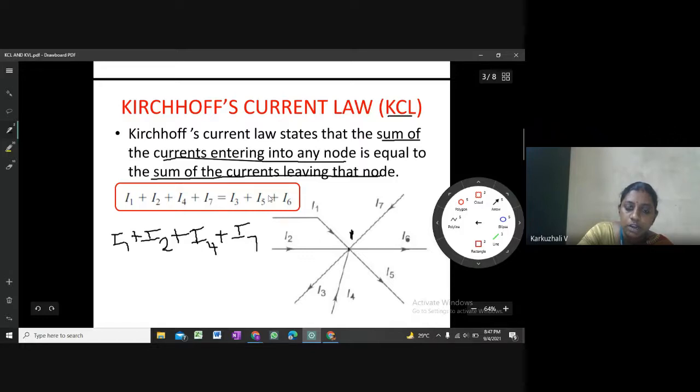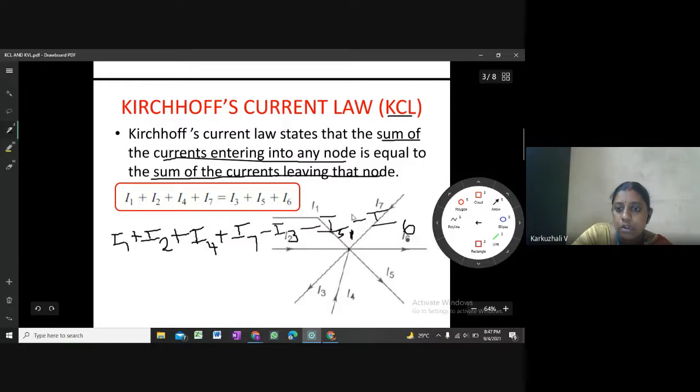Now get all the other currents to this side. So minus I3, minus I5, minus I6 is equal to 0.